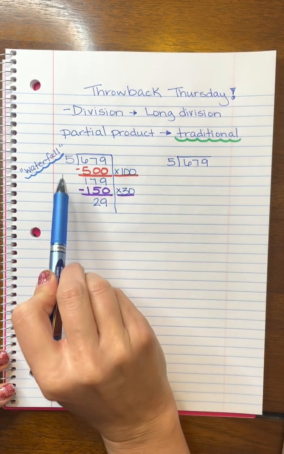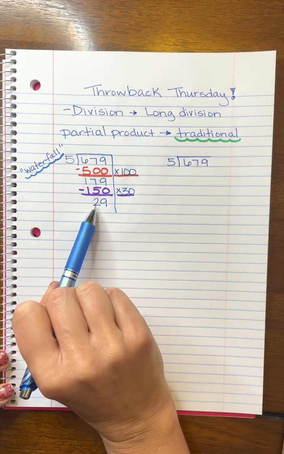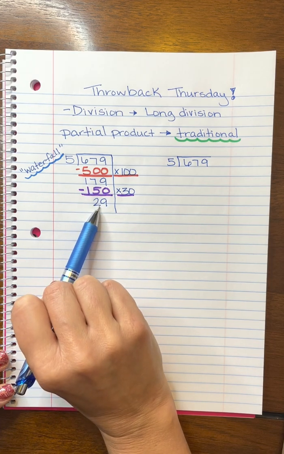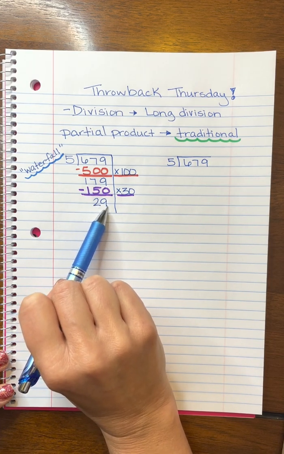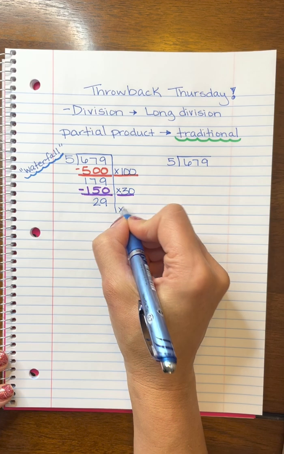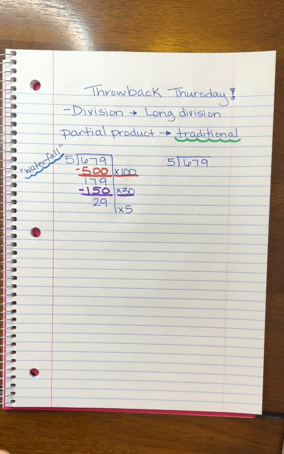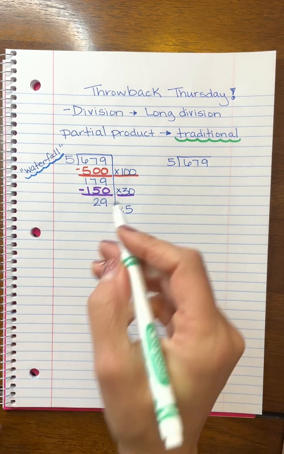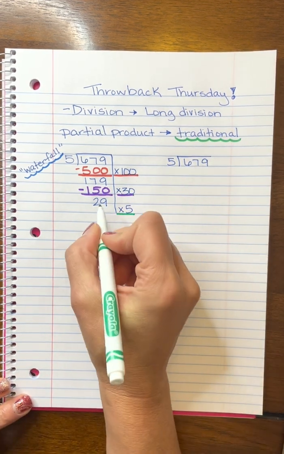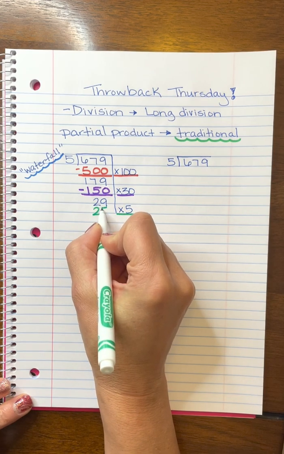Well, I know I can get really close to that. I know that 5 times 6 is 30, so that's too much. So I'm going to have to go lower, and I'm going to have to go with 5 times 5. 5 times 5 is 25.